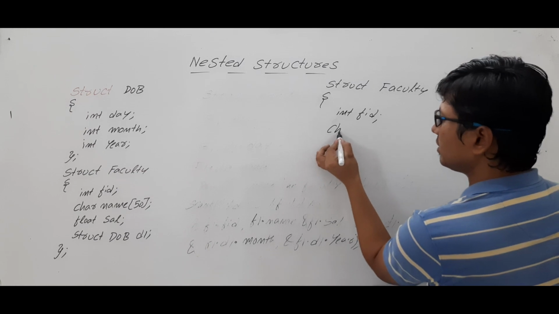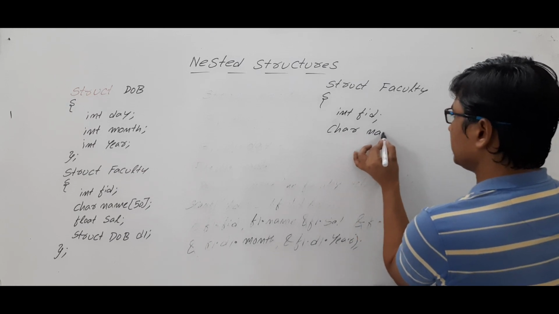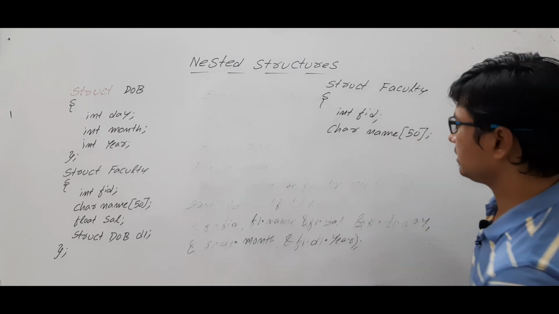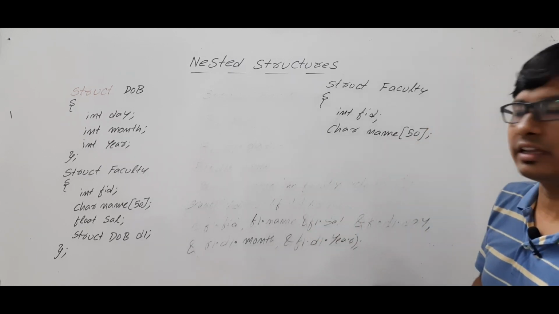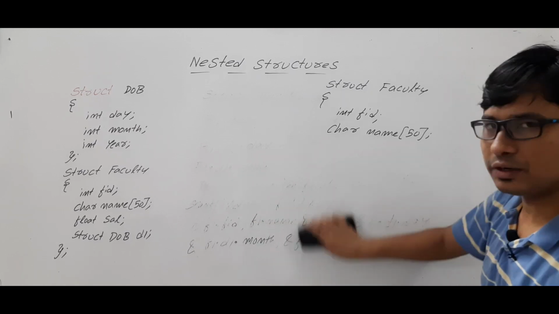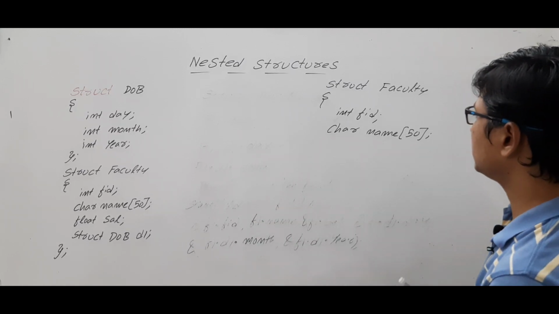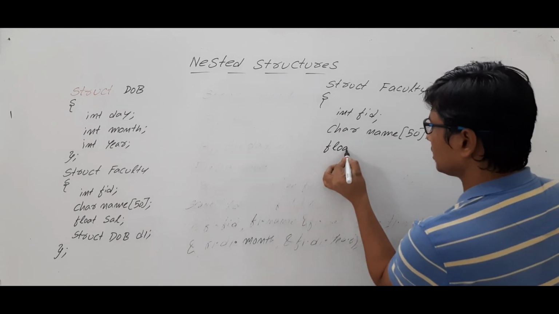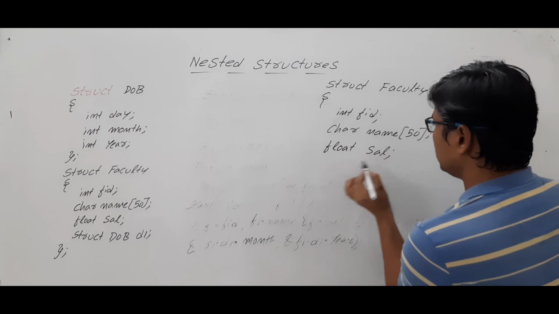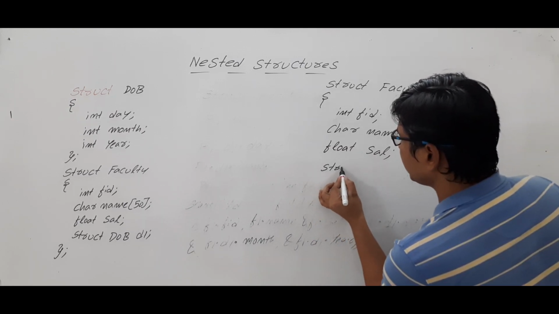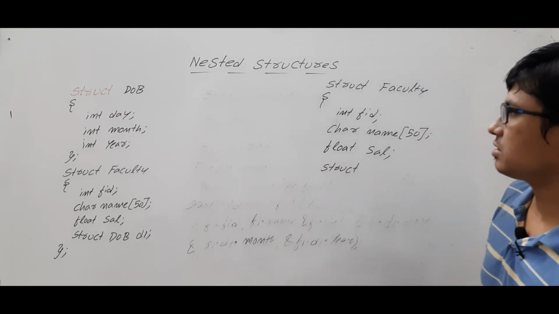Okay, faculty name, I'm writing it as a character array, and before his salary I want to store his date of birth, okay, or you can do it anyway. Now just for your understanding, let me finish the salary, float sal. Okay, is it clear? Now I am defining a structure called DOB.